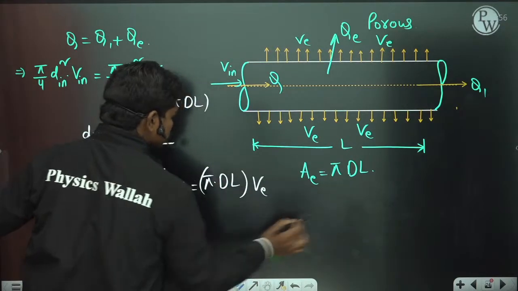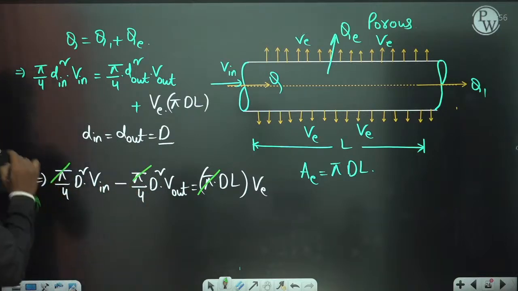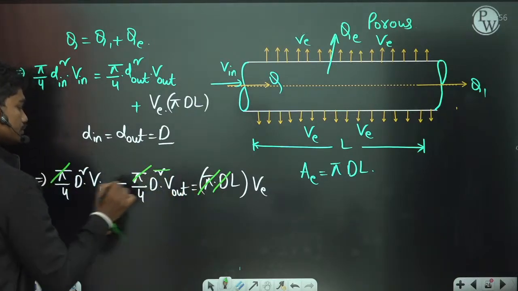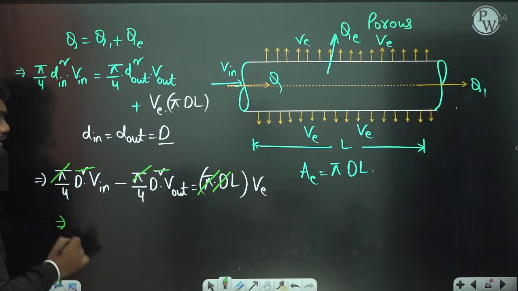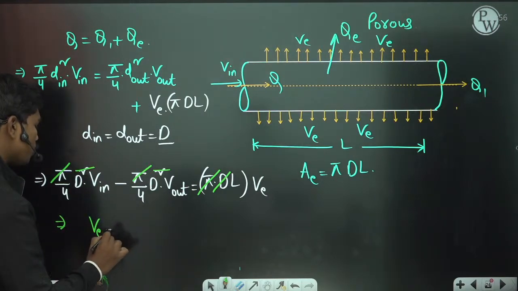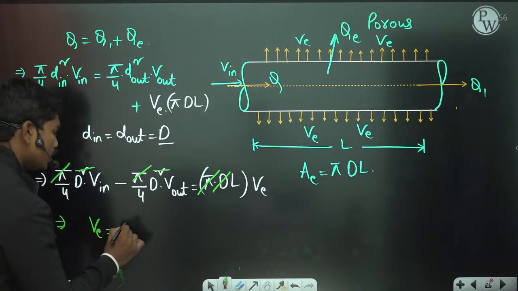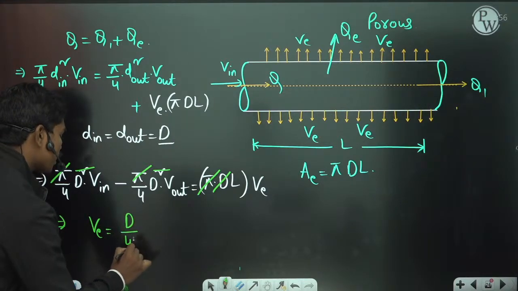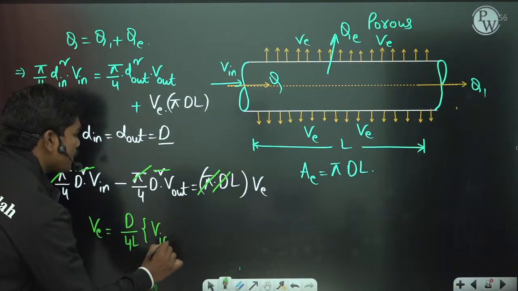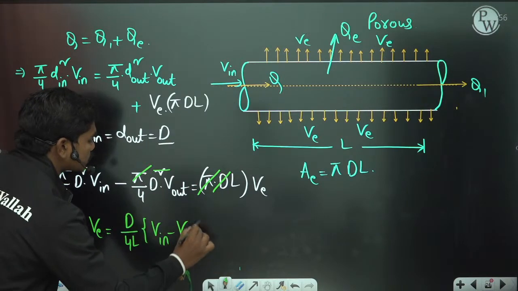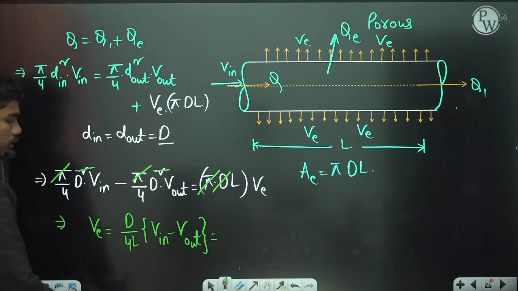So if you simplify the things, pi gets cancelled, one d gets cancelled, so this implies VE is equal to d by 4L times V in minus V out. This is the expression.